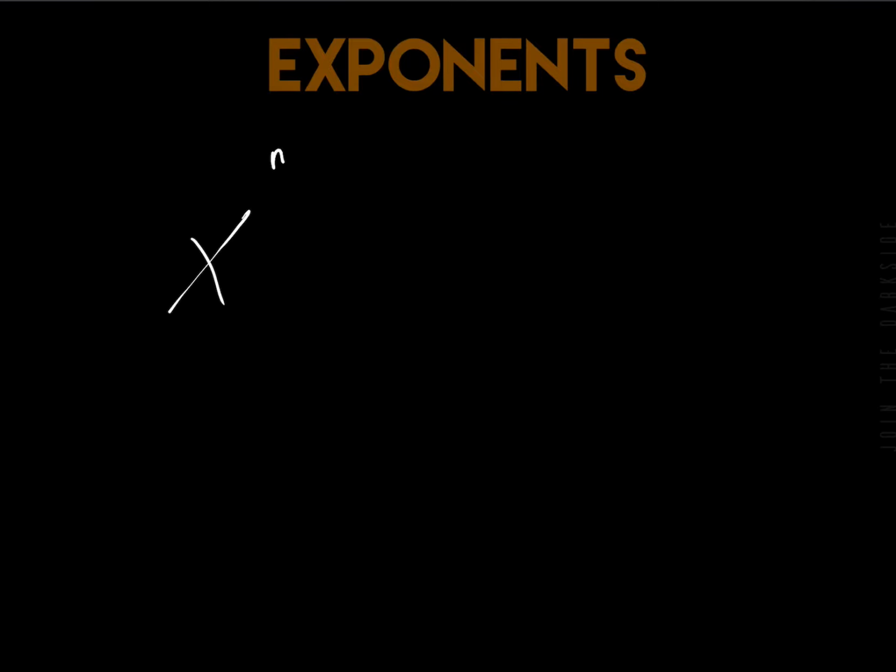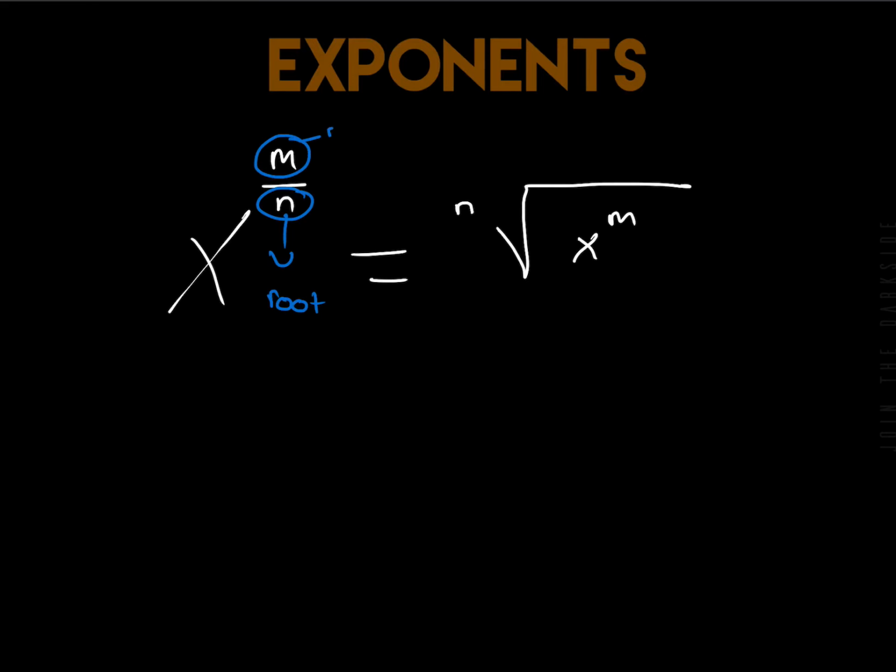X to the power of m over n will give us the nth root of x to the power of m. So the n becomes the root, and m becomes the power, or exponent.